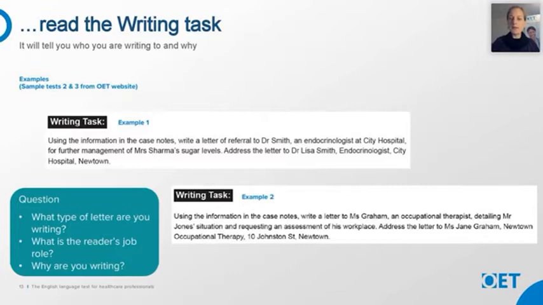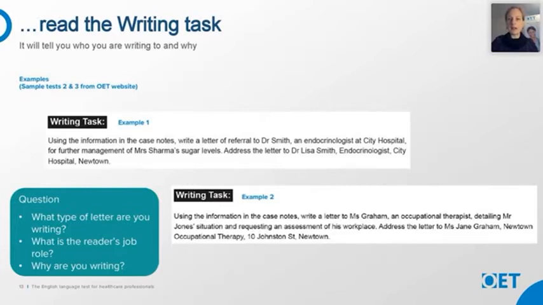Great. So yes, we've got some people coming through saying number one is a referral letter. That's great. What is the reader's job role in that example, and why are you writing to them? That's great. I can see lots of people saying a referral letter. Thomas is saying it's to an endocrinologist and we're writing to manage sugar levels.